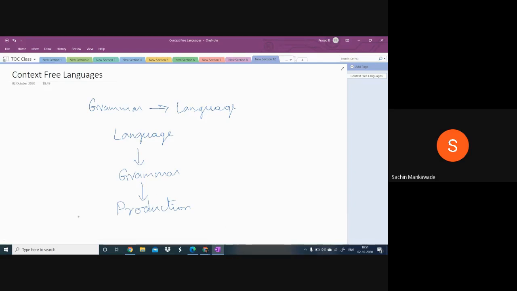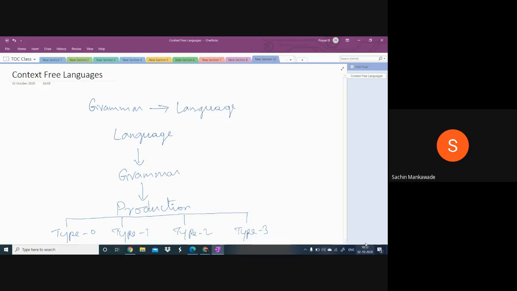And there are 4 types of productions: type 0, type 1, type 2, plus type 3.